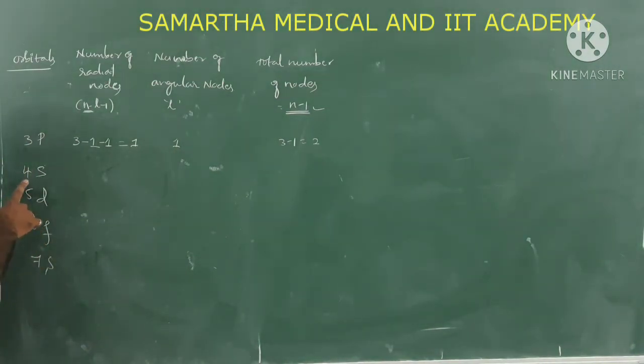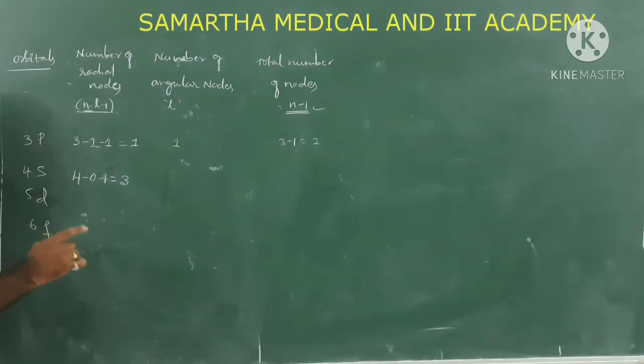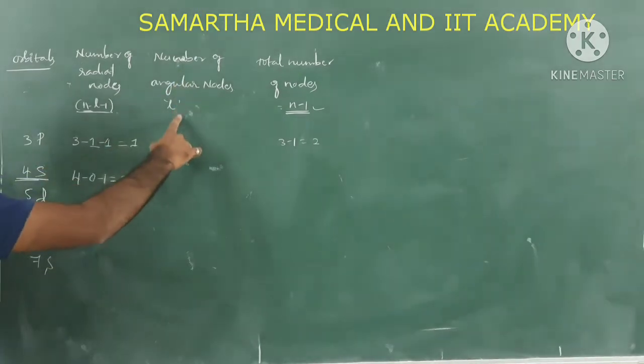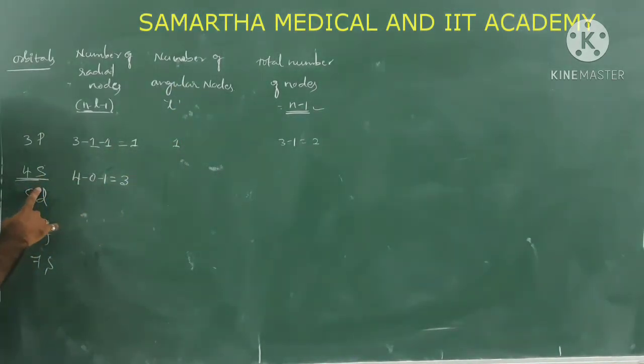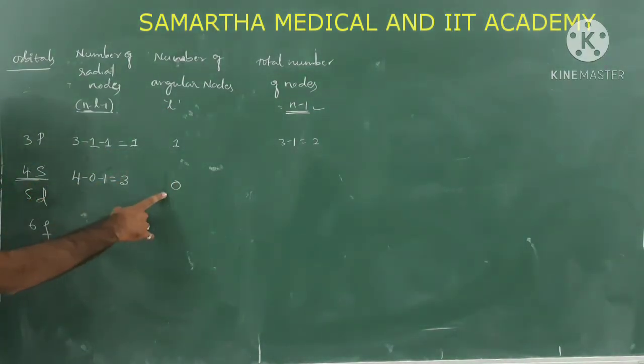Okay. 4s. So in the case of the 4s orbital, what might be the radial node, guys? So let's take that formula. n value here is 4, the L value for the s orbital is 0, and 1 has to be there. 4 minus 1, 3. The number of radial nodes present in the 4s orbital will be 3. And what might be the number of angular nodes in the case of the 4s orbital? 0. Obviously, why? The L value for the s orbital is going to be 0, guys.